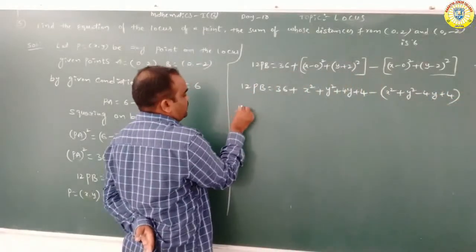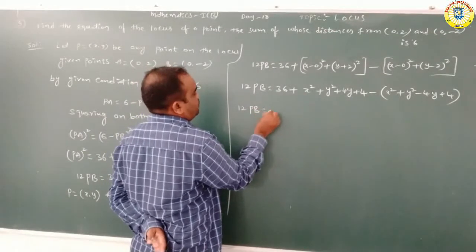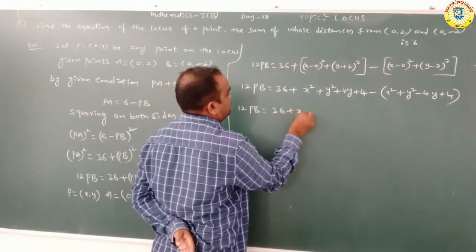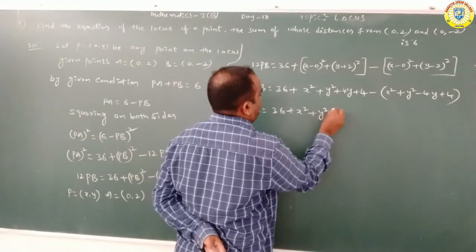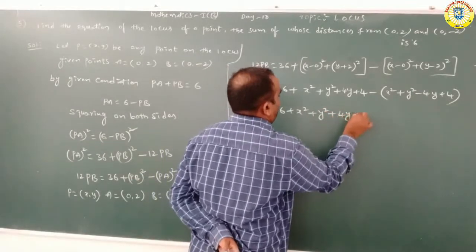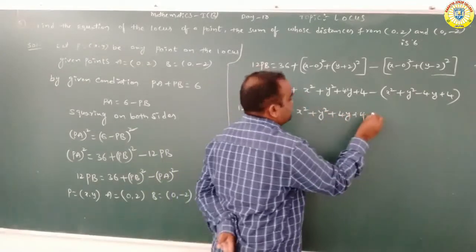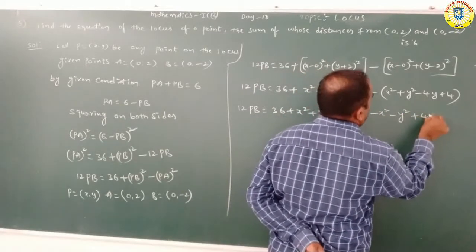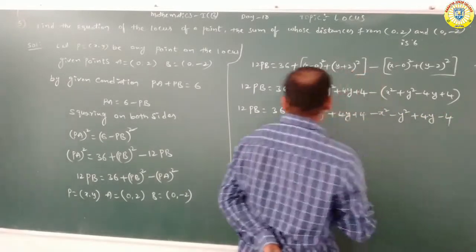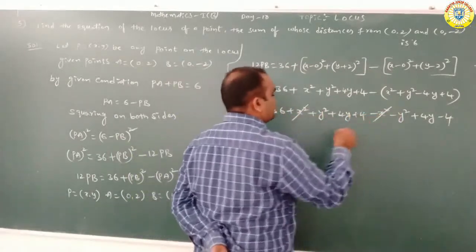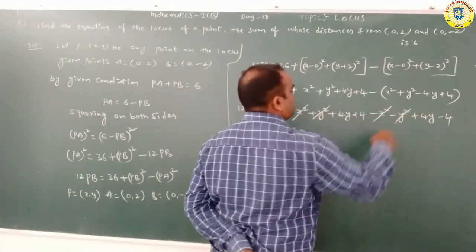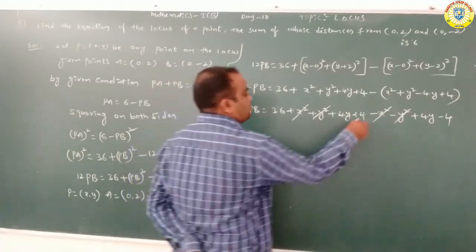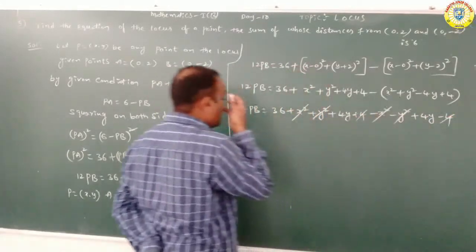Okay? Here 12 PB = 36 + x squared + y squared + 4y + 4, minus x squared minus y squared plus 4y minus 4. Here x squared minus x squared cancel, y squared minus y squared cancel, plus 4 minus 4 also cancel.